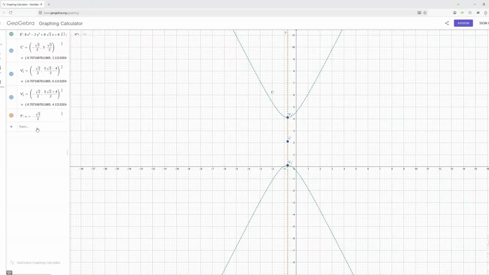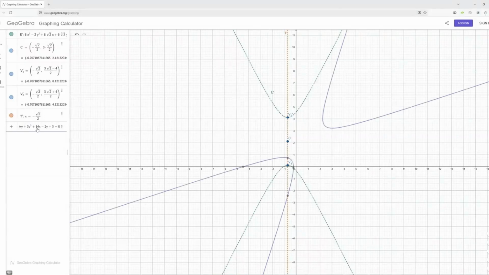So let's check our work. Our hyperbola in the original coordinate system is 3x squared minus 10xy plus 3y squared plus 14x minus 2y plus 3 is equal to 0.